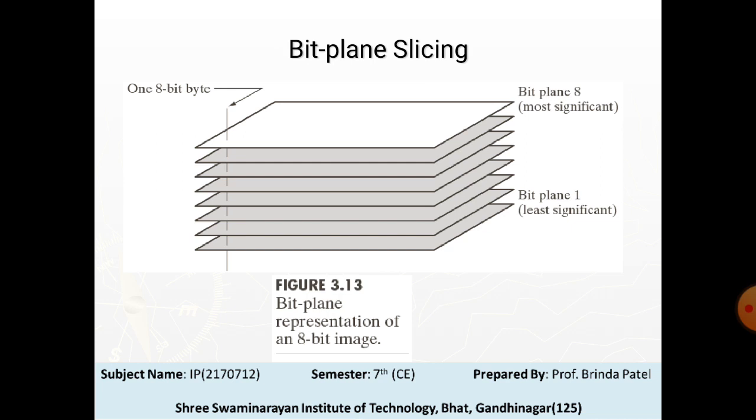In terms of 8-bit bytes, plane 1 contains all the lowest order bits in the bytes comprising the pixels in the image, and plane 8 contains all the higher order bits. This figure illustrates these ideas.